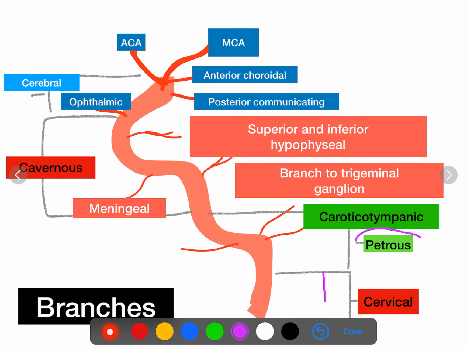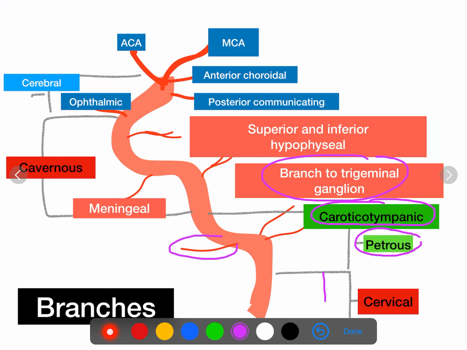Now the branches of the internal carotid artery: the cervical part doesn't have any branches. The petrous part has two branches: the caroticotympanic branch, which may be more than one in number and enters into the tympanic cavity. The other one is the artery to the pterygoid canal. That is about the second part. Now the third part has a branch to the trigeminal ganglion, which lies closer to the foramen lacerum.